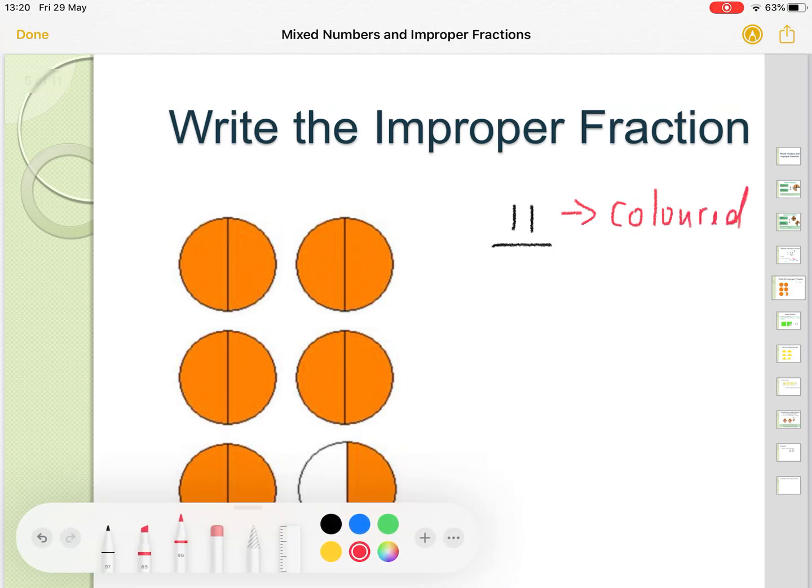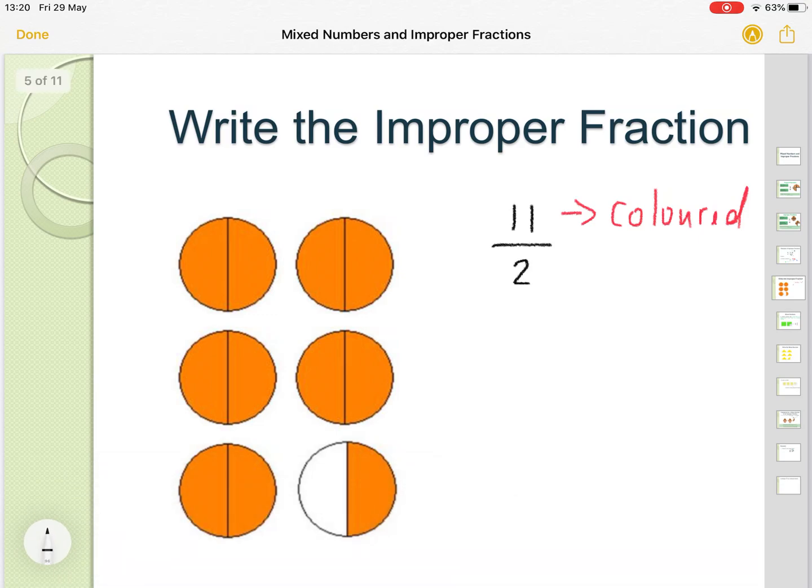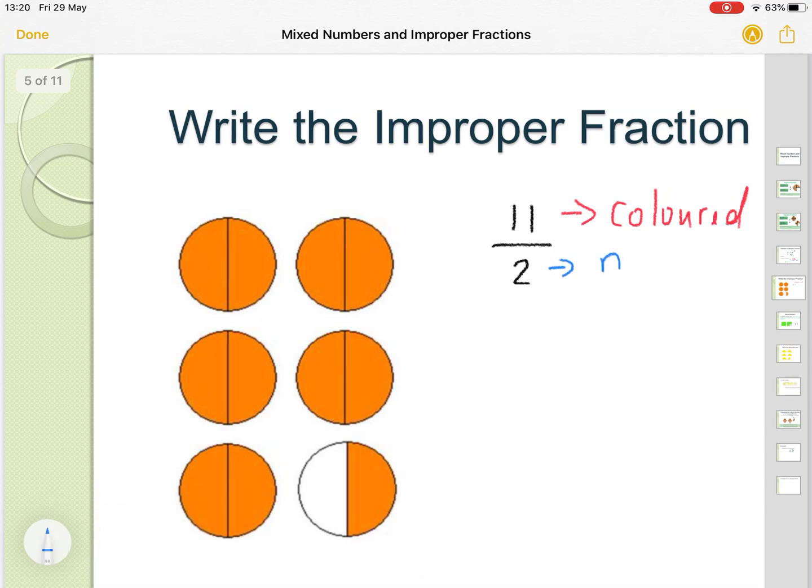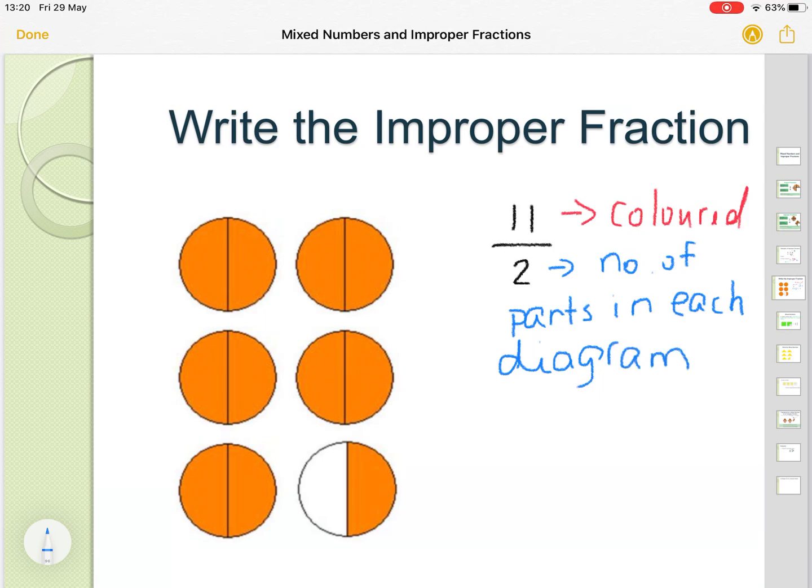Each diagram is divided into 2 parts, all right? So I have 11 parts which are colored in.